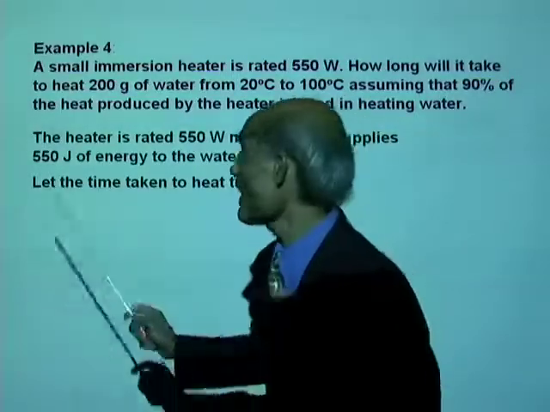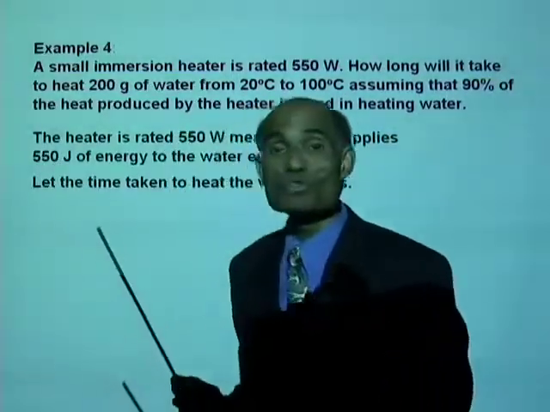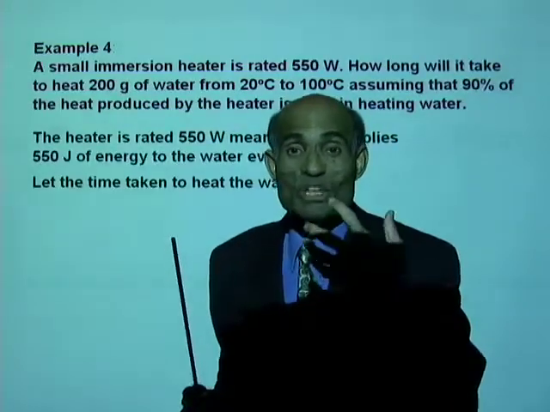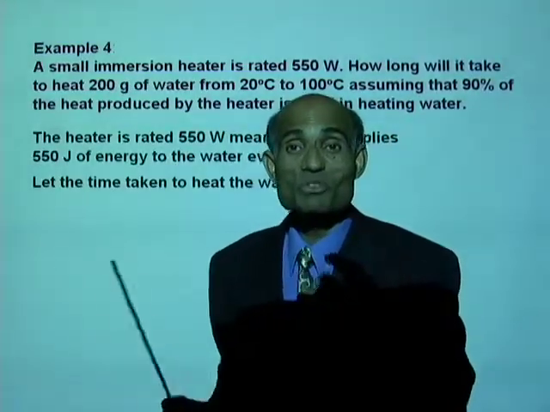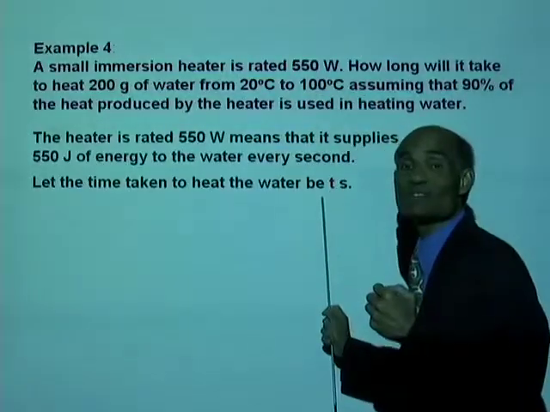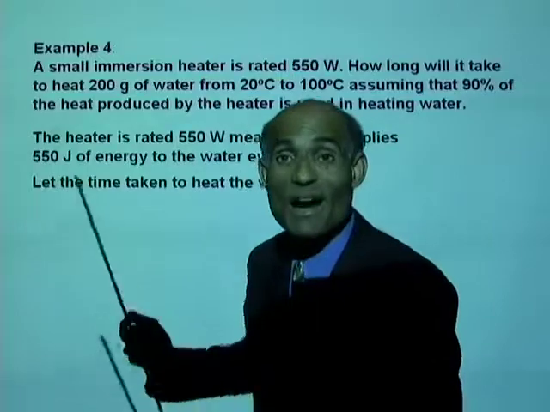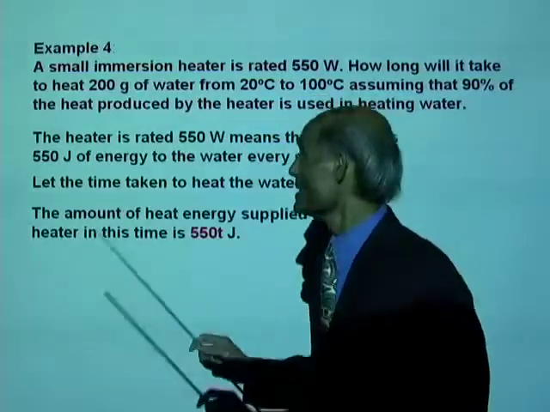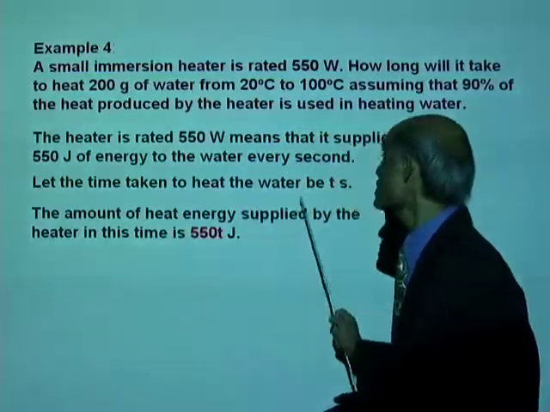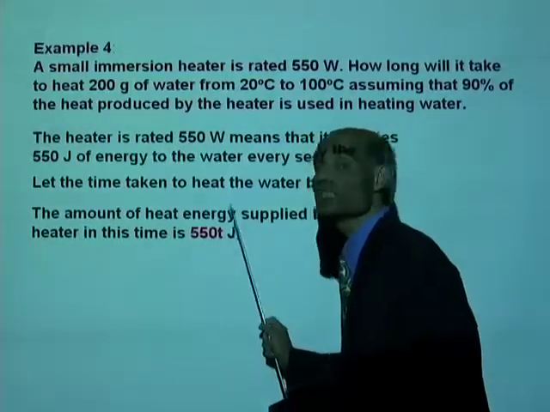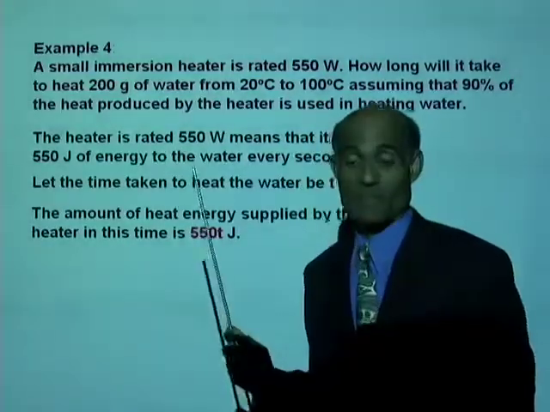Alright? If 550 joules of energy are produced in 1 second, what is the amount of heat energy produced in t seconds? It will be 550 times t. Is that right? So the amount of heat energy supplied by the heater is 550 t joules.